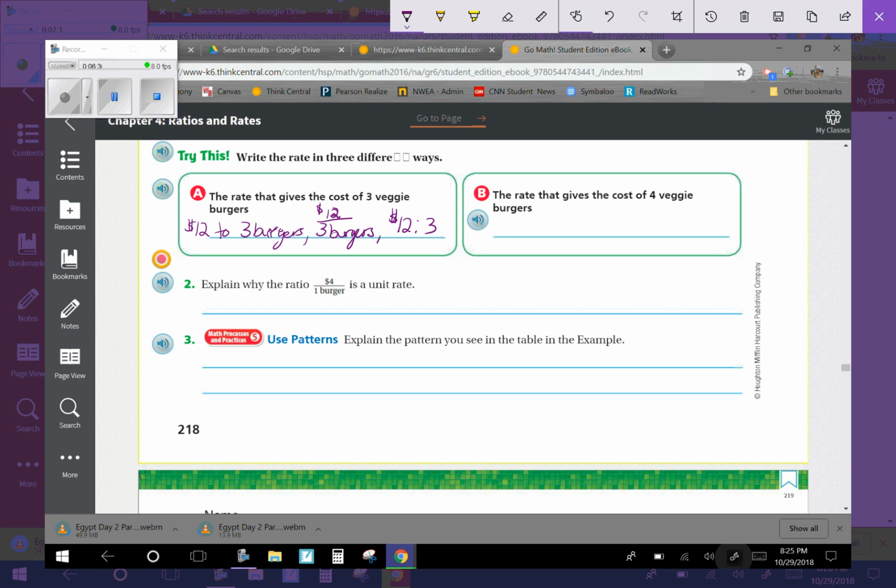And B says the rate that gives the cost of 4 veggie burgers. So that's $16 for 4 burgers. Write that as $16 over 4 burgers. And you can write that as $16 colon 4 burgers.